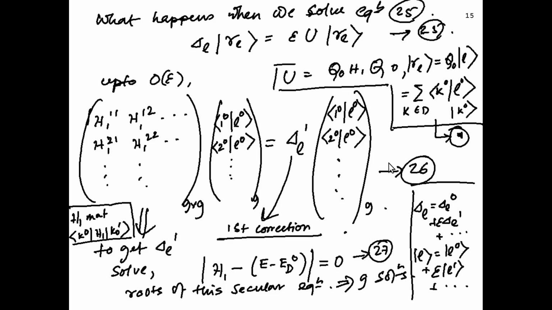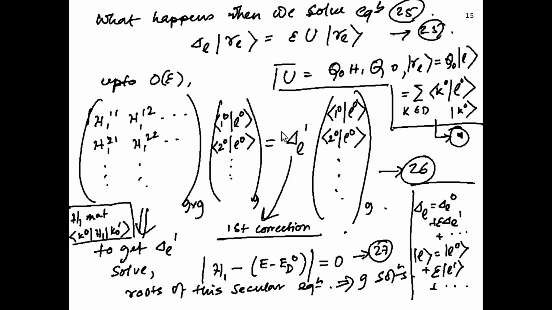So to do that, I expand the delta L as delta L naught plus epsilon delta L1 plus dot dot dot, and L as L naught plus epsilon L1 and dot dot dot. So the 0th order is k naught L naught, where k belongs to the D subspace.